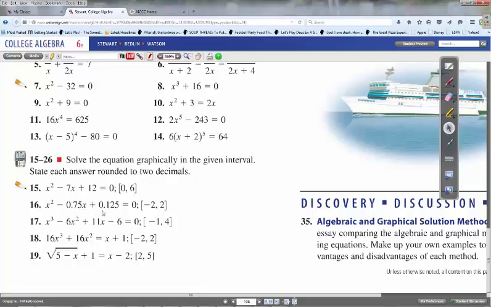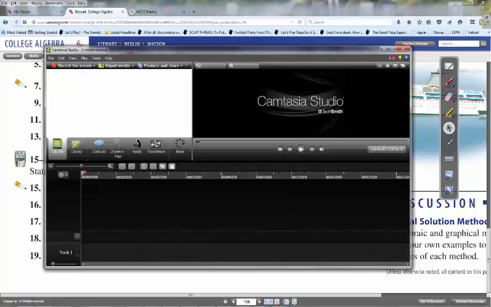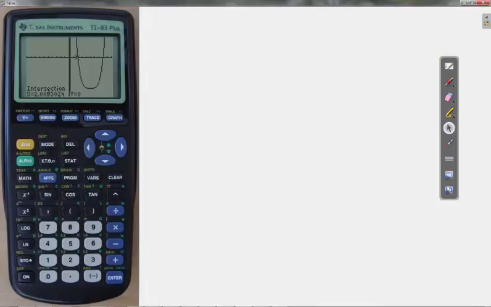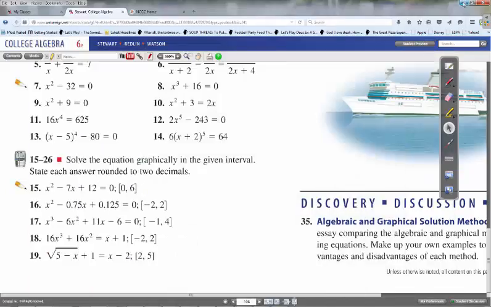So if I try and solve this one, which I can't really solve algebraically yet, I can solve it after 1.6, but I can't solve it yet. In fact, let's do 18. Let's do problem 18 just because I can't solve that.